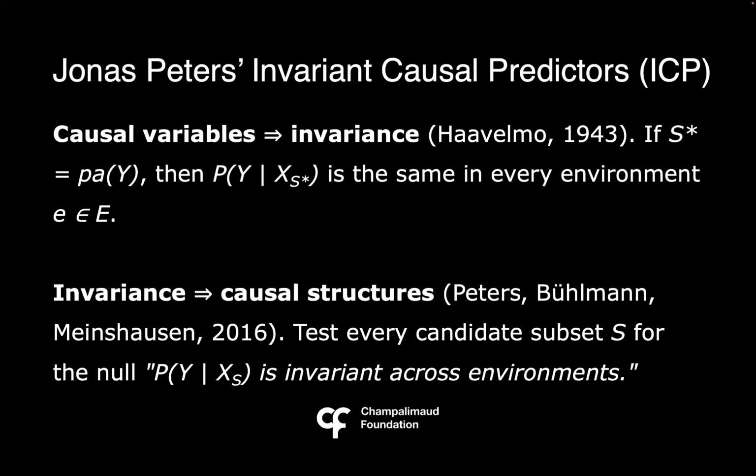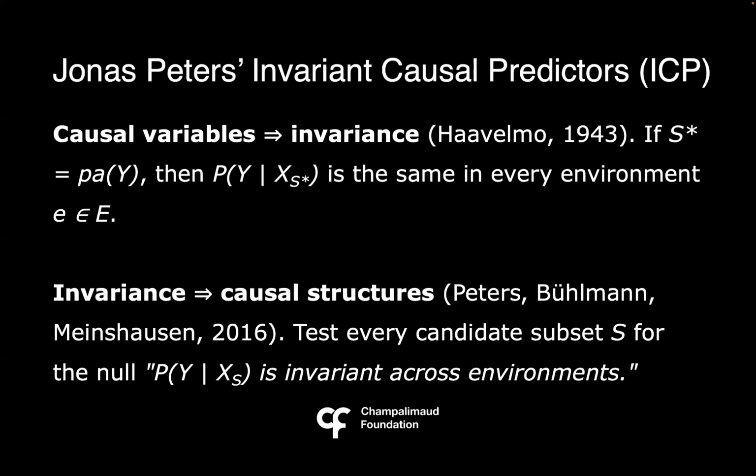And Jonas Peters demonstrated that invariance can also imply causal structures. So based on this, we would find a set of features such that the P of y given the covariates of that subset of features would remain invariant across environments.